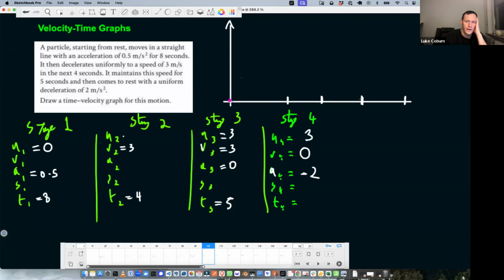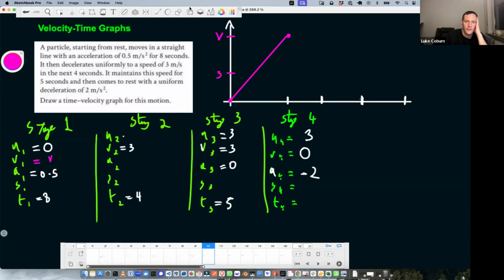So we start here, and we go from here up to some speed, and we're going to call that speed V, okay? So that's where it accelerates up to. So I'll just draw that bit in. Then it immediately decelerates to a speed of, let's say here, 3.